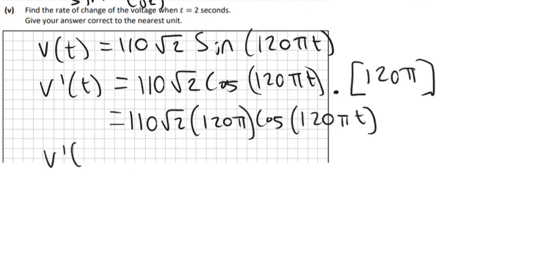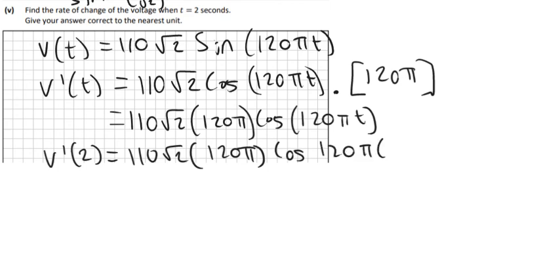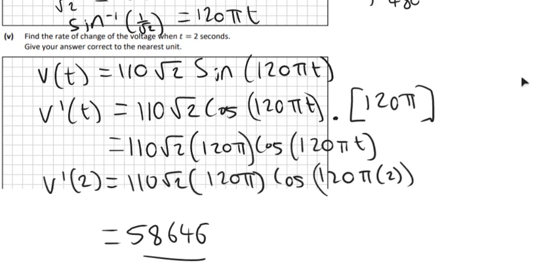So V dash of 2 is equal to 110 root 2 times 120 pi times cos of 120 pi times 2, and that's inside the cos there. So it looks complicated, but if you use a calculator, we should get 58646 in the end. So that's the final answer then. And it's to the nearest unit, so I've rounded off to the nearest unit. So that's it. That's everything for that question.